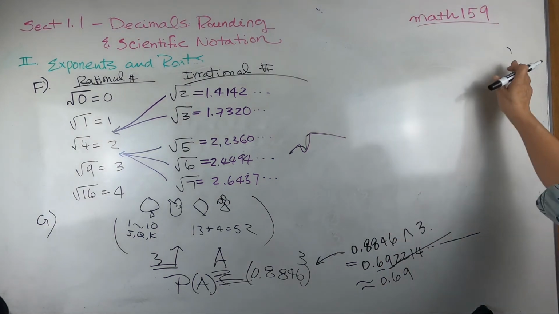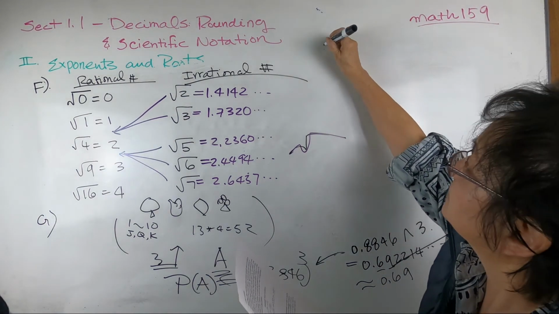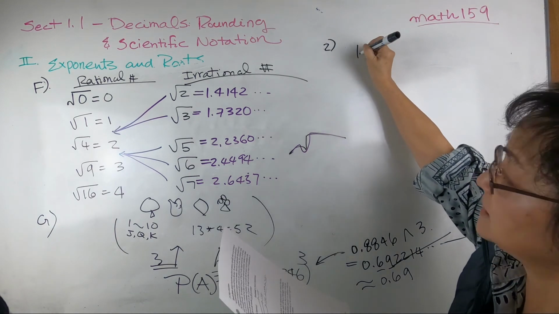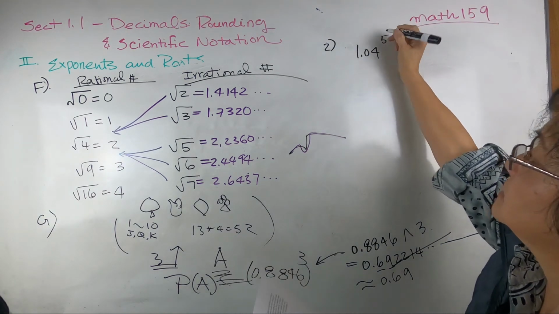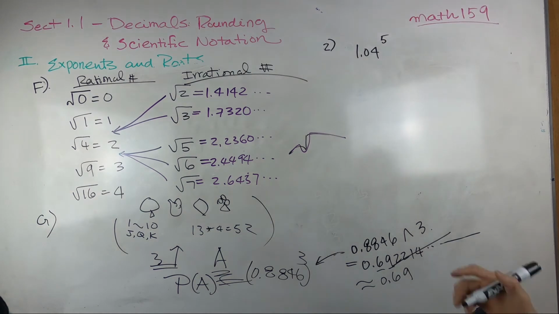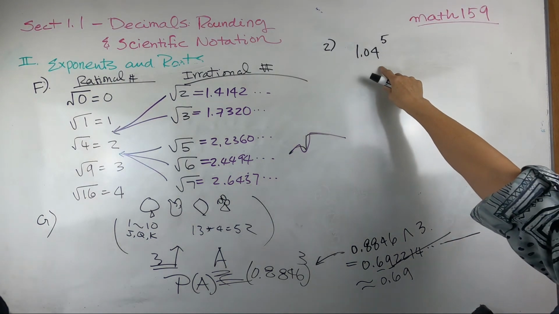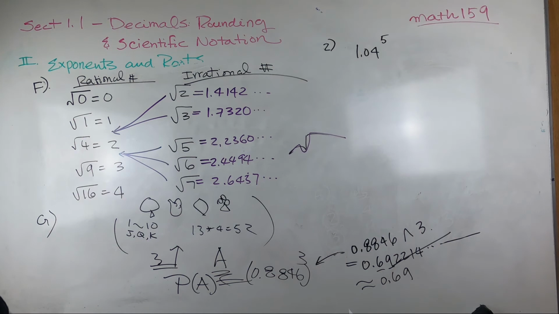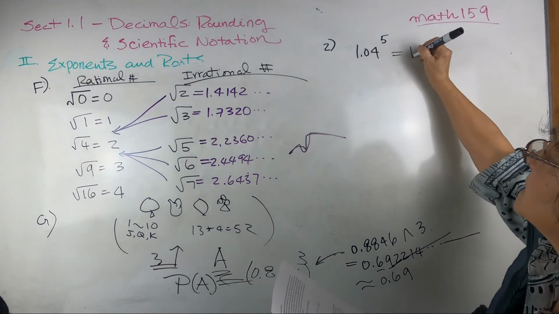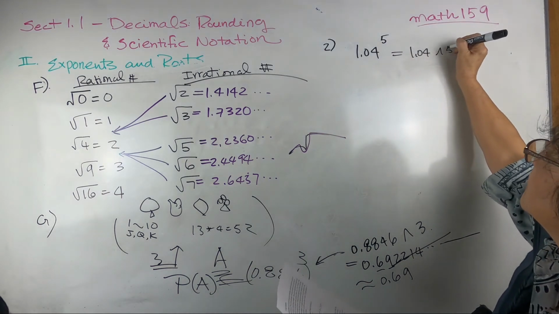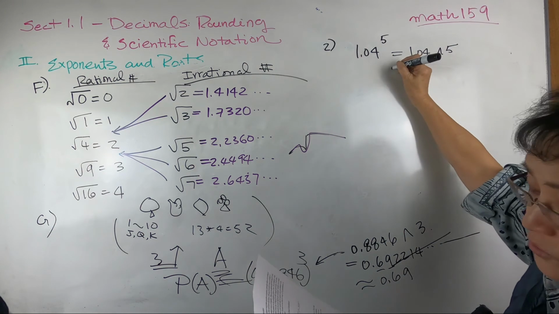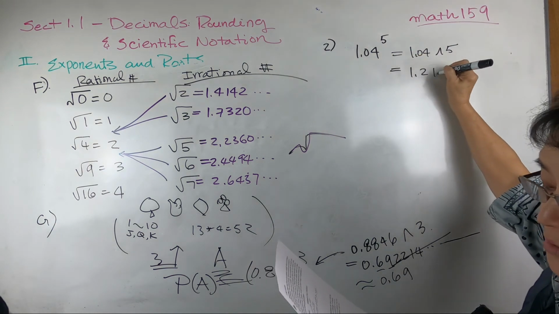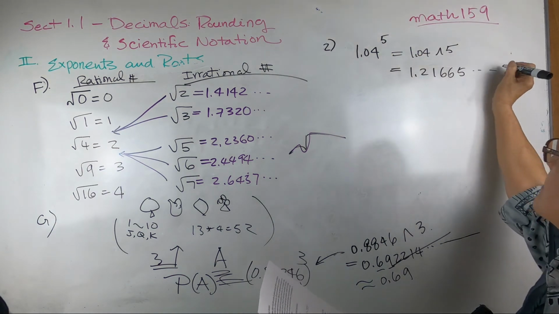Okay, and practice using the calculator. So for the second one, evaluate this. What do you think? How do you say it? 1.04 to the 5th power, right? What's the value of it? You multiply 5 times. So you use the calculator to the 5th power, right? You end up with 1.21665 something.